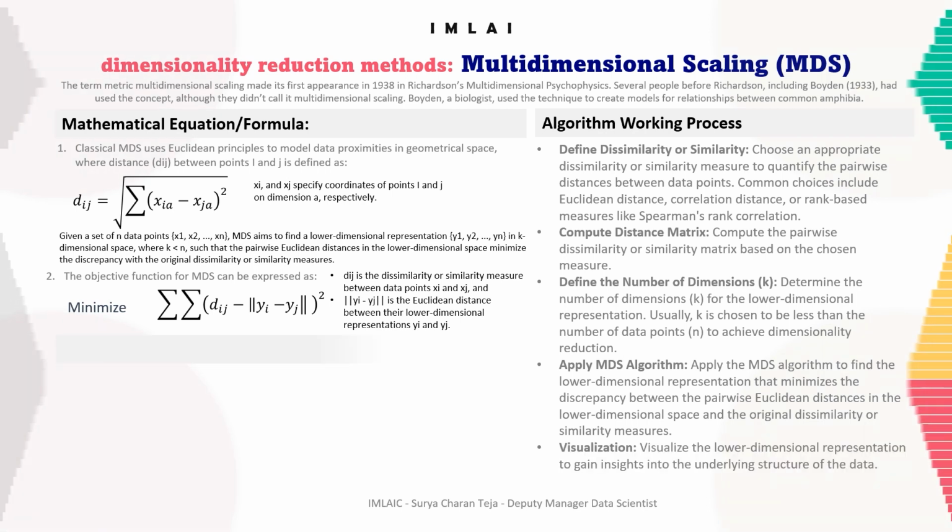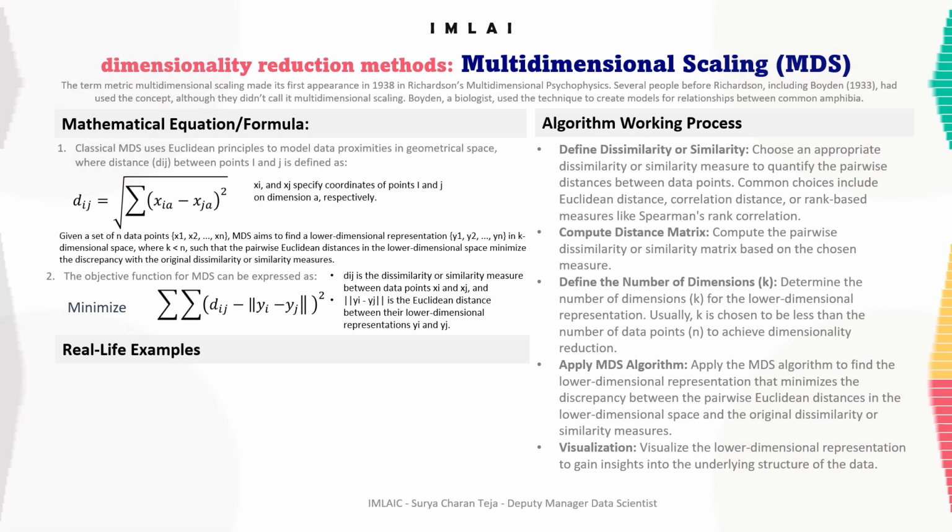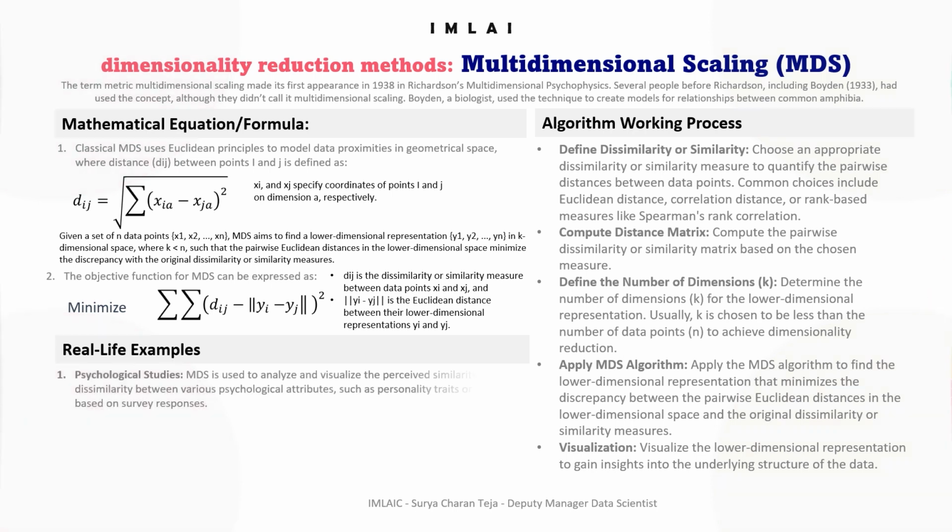In addition, now it's time to see some real life examples where we can leverage the power of multi-dimensional scaling. The first one is psychological studies. If you work on data science projects related to the psychological field, then you can go for MDS. MDS is used to analyze and visualize the perceived similarity or dissimilarity between various psychological attributes such as personality traits based on survey responses.